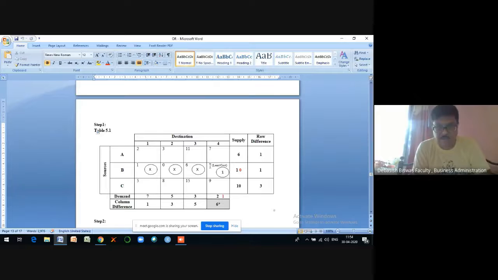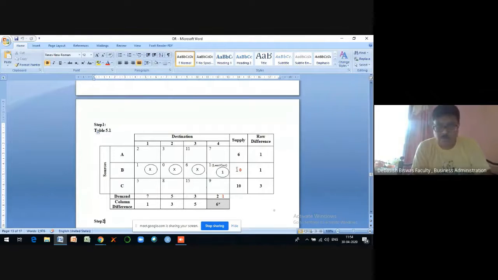Now the supply is 1. So don't consider 0, right? I have written it here, but in your study material, no 0 is written. For your understanding, I have written 0 here. I have given red marks right now.